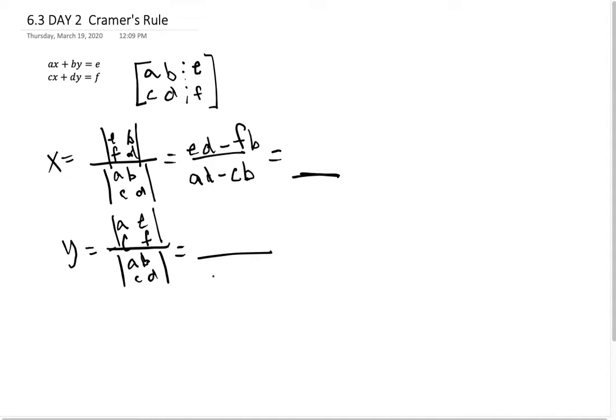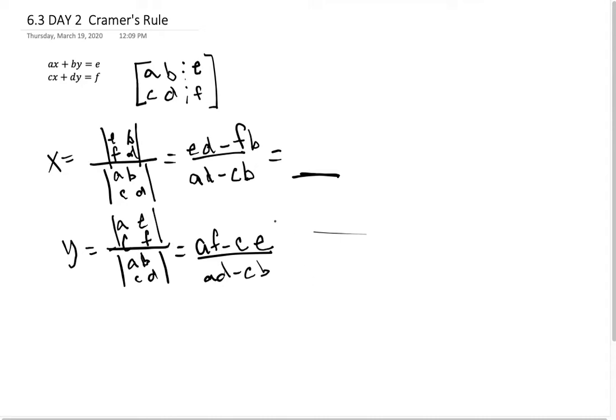The bottom will be the same number, and the top will be a times f minus c times e, and that'll give you your y value. Always do the a, b, c, d determinant first, because if that's 0, then there's no unique solution and you can't go ahead with using Cramer's rule to solve.